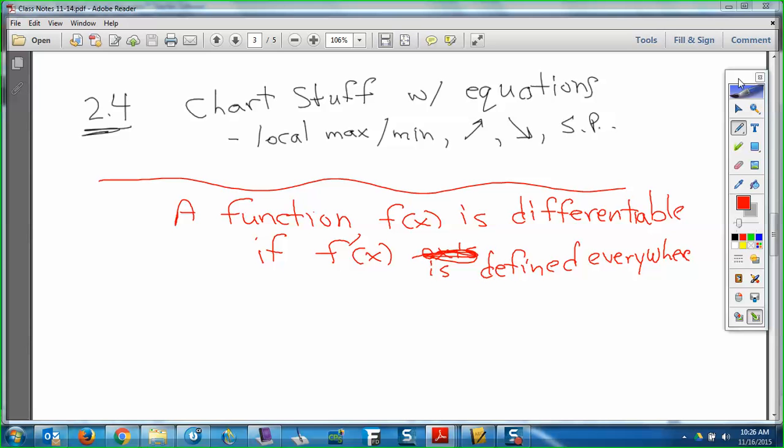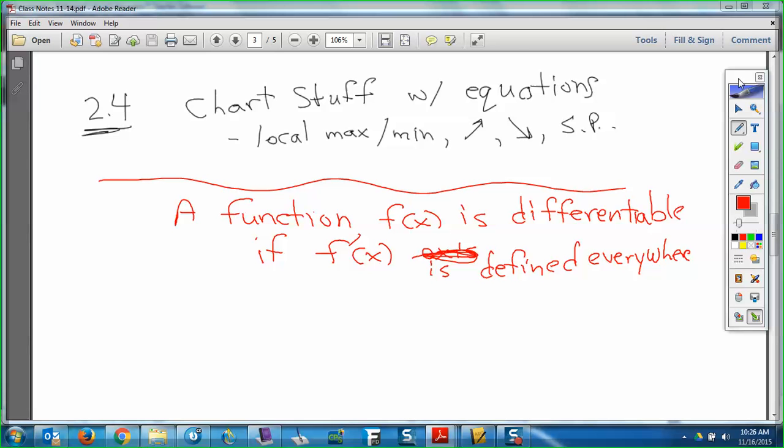When is f prime undefined? Sharp point, vertical asymptote. Well, you're right, vertical asymptote, because there's no point there. But I was thinking vertical tangent line, vertical tangent. Because when's the slope undefined?